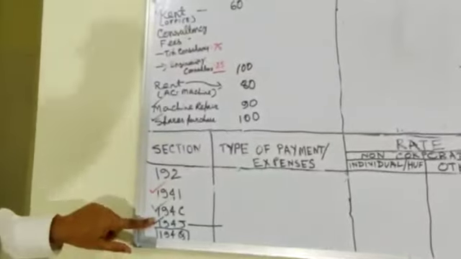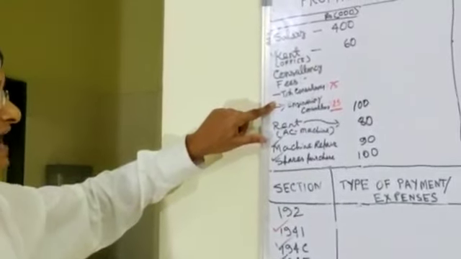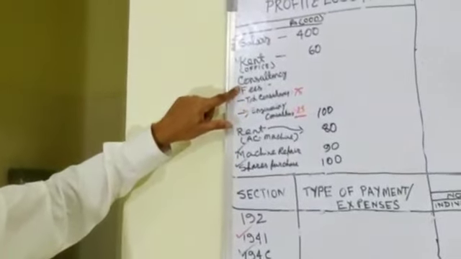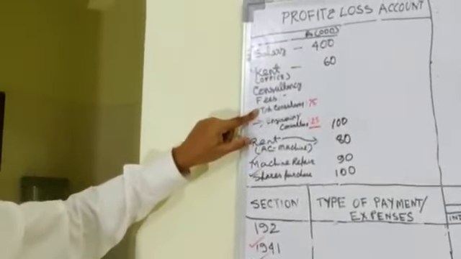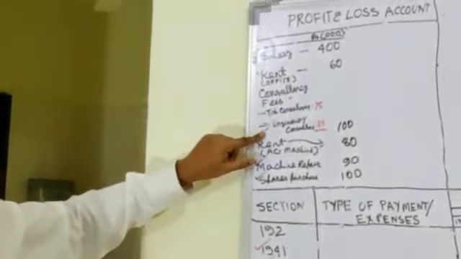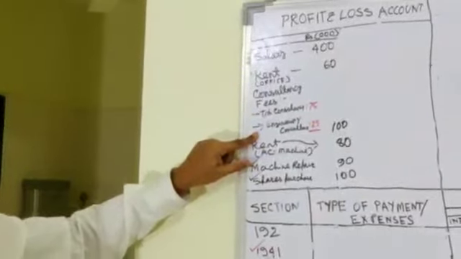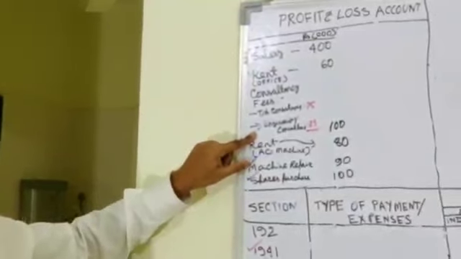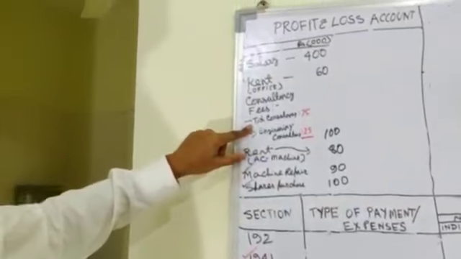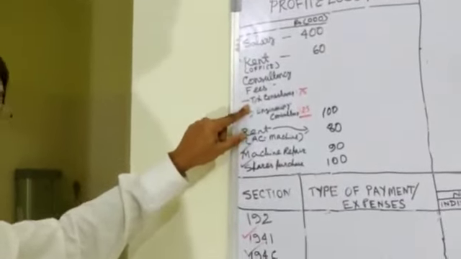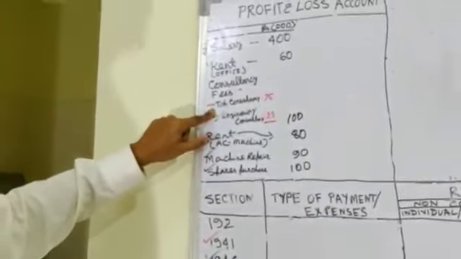But here one thing we need to keep in mind is whether I am paying the consultant for technical consultancy or non-technical consultancy. If I pay professionals for technical consultancy, then I have to deduct TDS at the rate of 2%. But if I make payment to the professional for non-technical consultancy, then I have to deduct TDS at 10%.